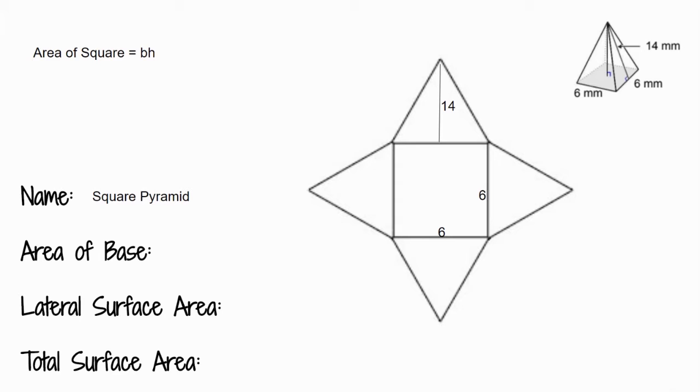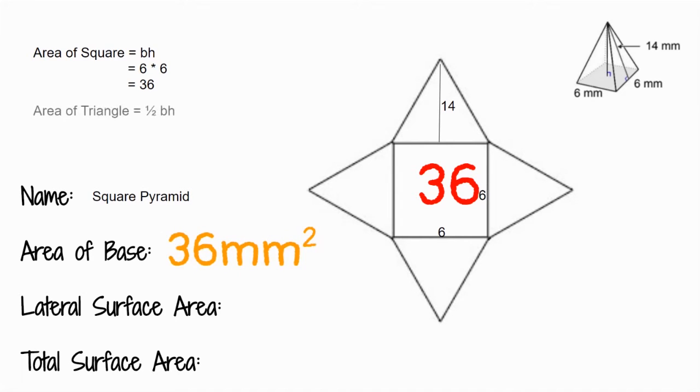And we know to find the area of a square, that's base times height. So the area is 6 times 6, which is 36. If I want to find the area of the triangles, the area of a triangle is 1/2 base times height. So 1/2 6 times 14 is 42. Okay, so all those triangles are 42.